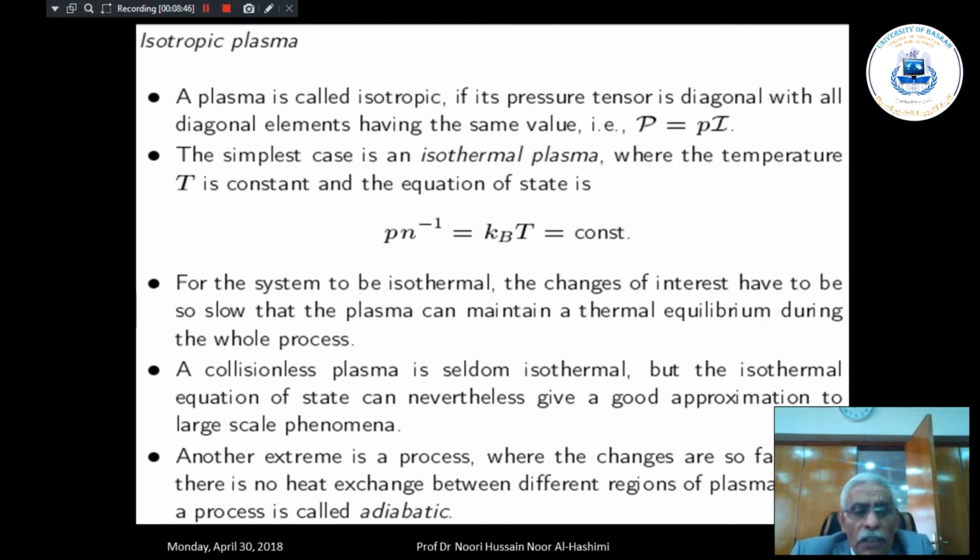A collision-less plasma is seldom isothermal. Usually if there are no collisions, then naturally it should be isothermal. But the isothermal equation of state can nevertheless give a good approximation to the large-scale phenomena.